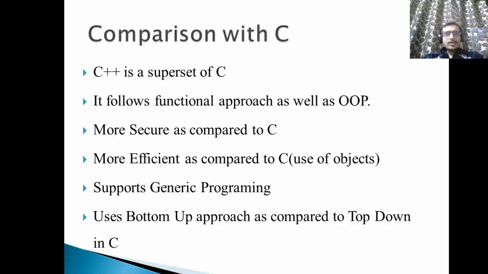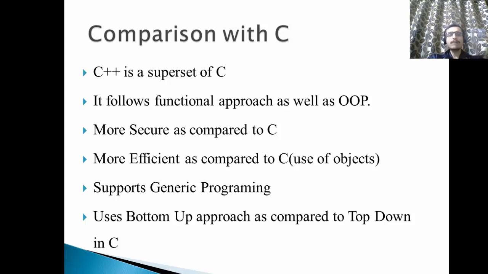If we compare C++ with its predecessor, that is C, C++ is basically a superset of C. In mathematics you have come across this term superset, which contains all the features that C contains. So C++ contains all the features and all the libraries that C contains, and it has some extra features also.